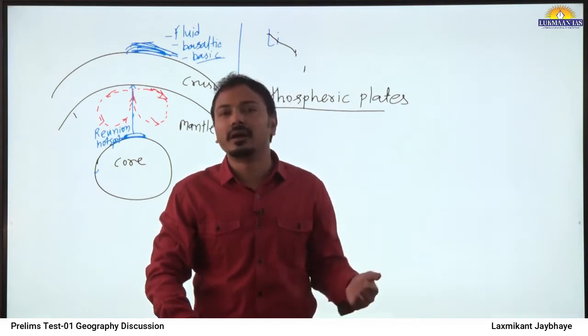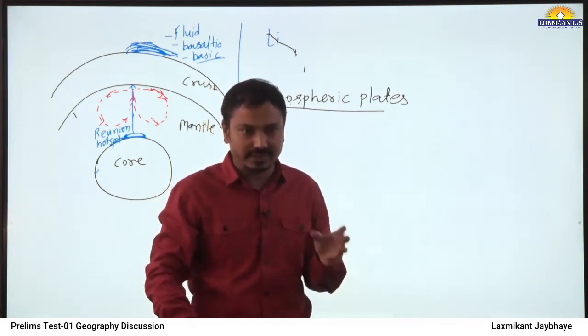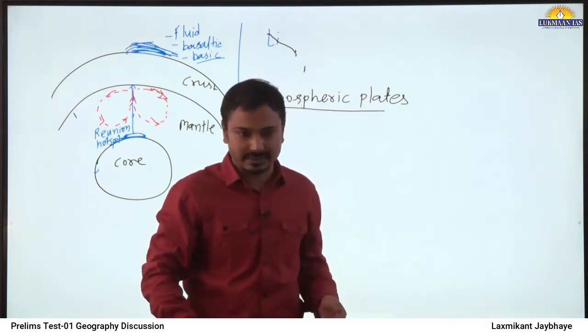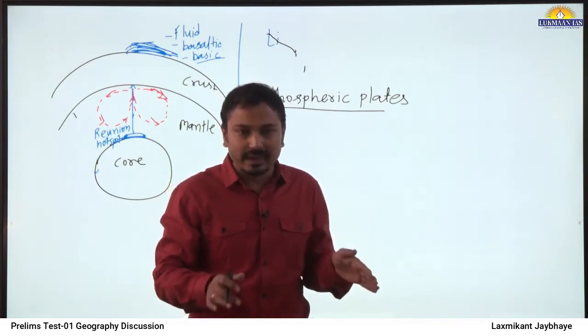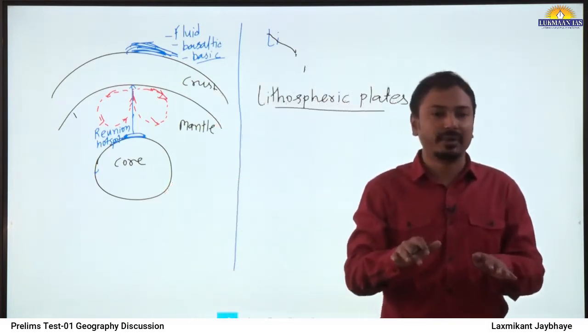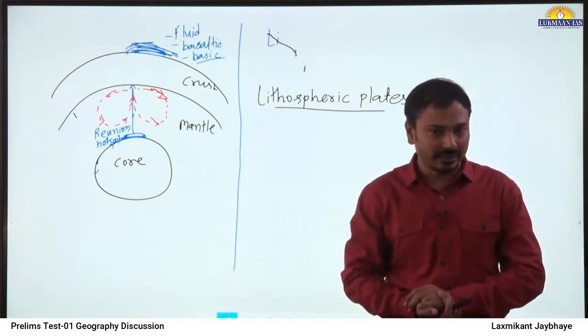Oceanic plates have oceanic crust that is much denser compared to continental crust, and when they meet at a convergent boundary, the denser plate goes down compared to the lighter one.